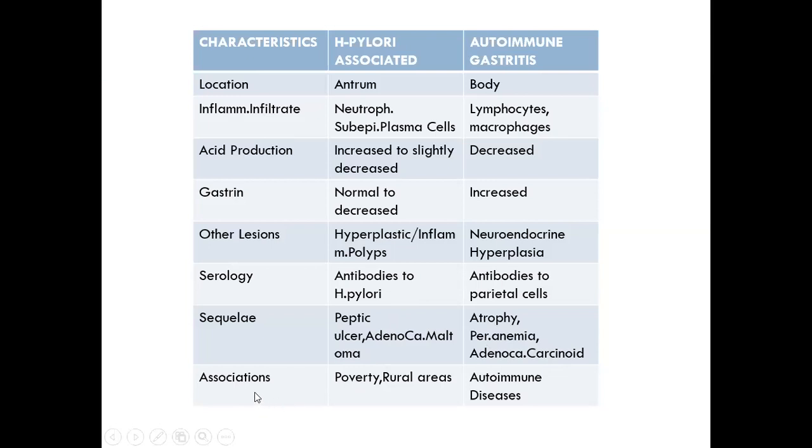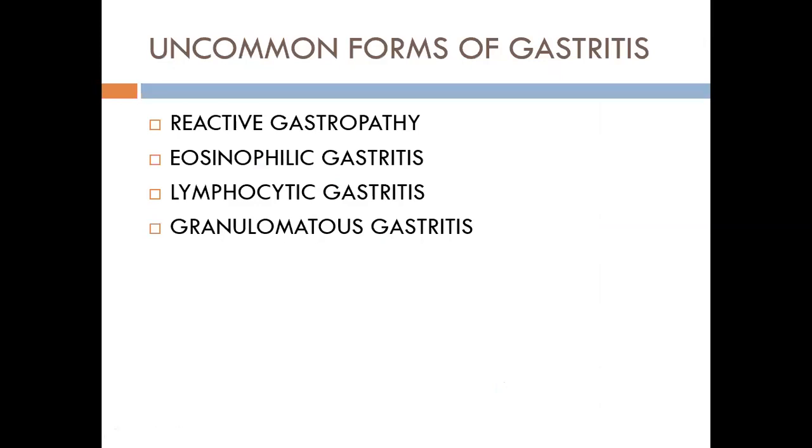Then the associated conditions: poverty and rural areas are more commonly associated with H. pylori associated gastritis, while other autoimmune diseases like Sjogren's syndrome and Hashimoto's thyroiditis are associated with autoimmune gastritis.